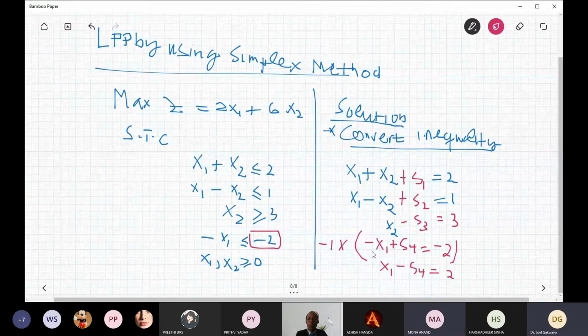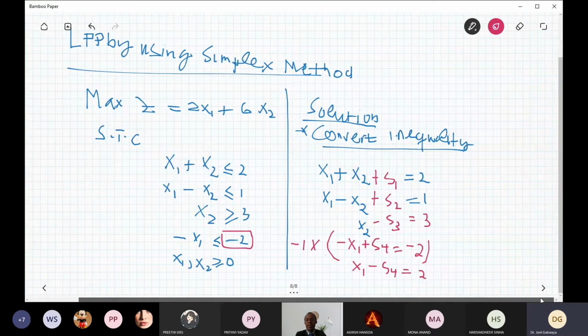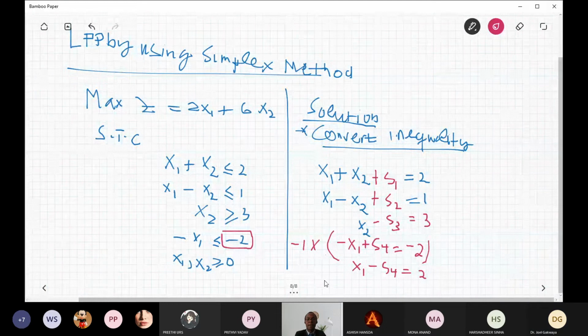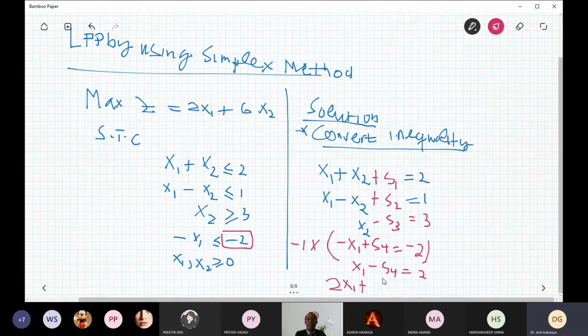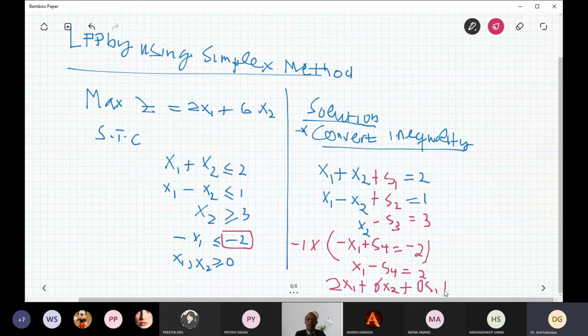Once we convert like this, what is the next step, Pretty V? Max Z is equal to 2x1 plus 6x2, plus 0 S1 plus 0 S2.